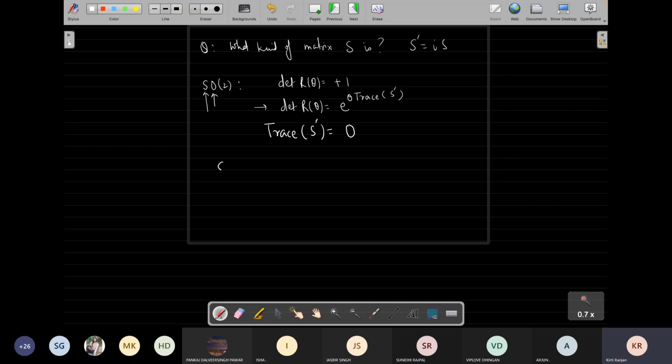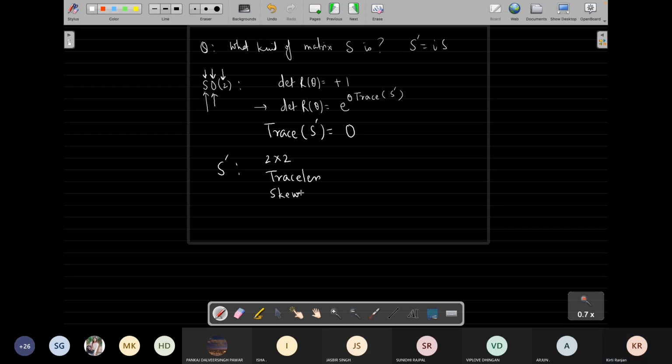So now you know two things about S prime. Just by knowing that you are studying SO2, orthogonal 2 by 2 matrices with determinant 1, it is a 2 by 2 matrix, the orthogonal condition is satisfied, determinant is +1. You find out that S prime has to be 2 cross 2, traceless.